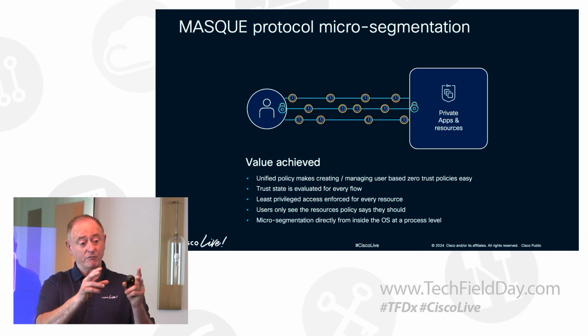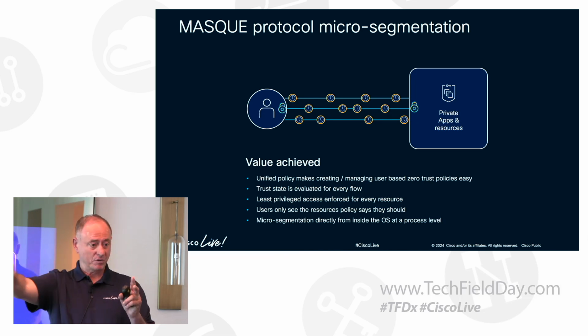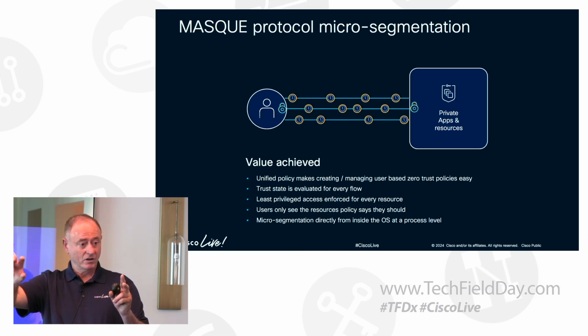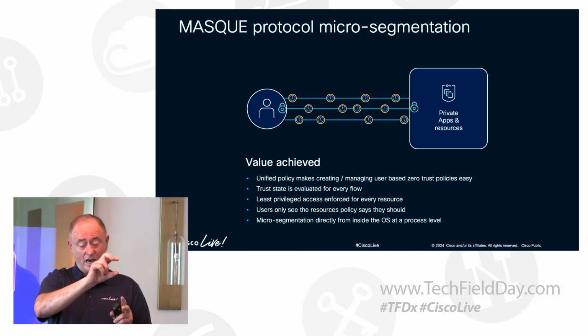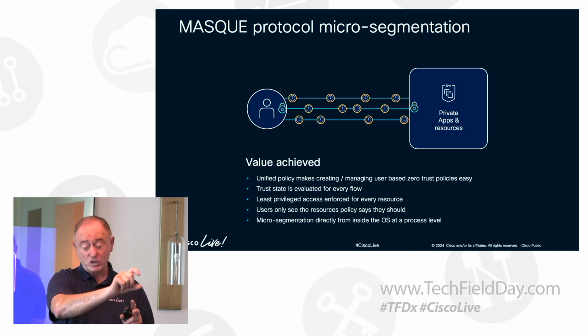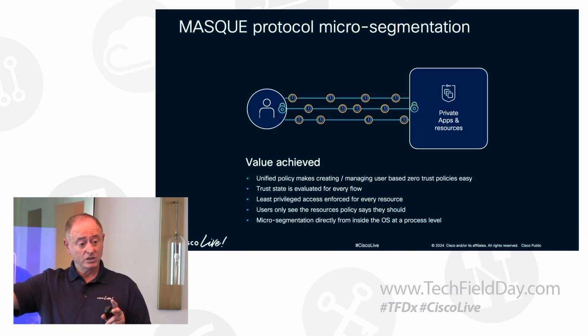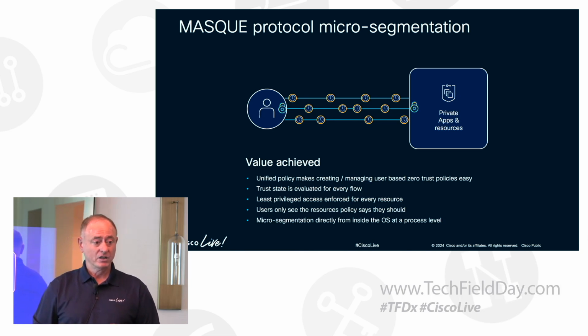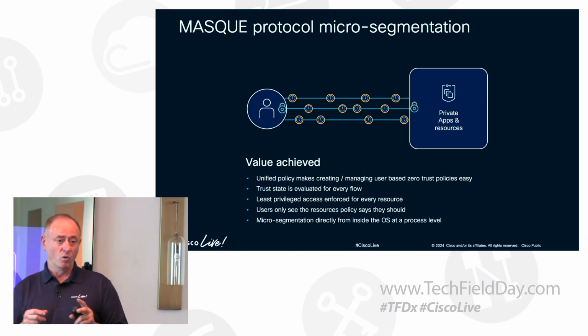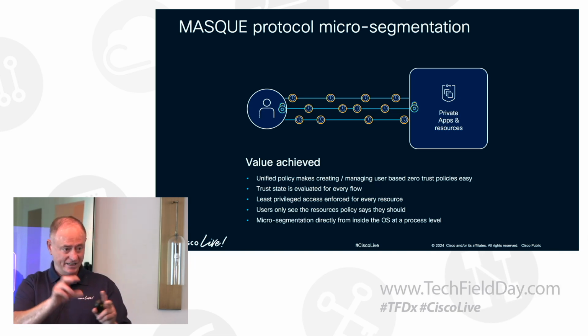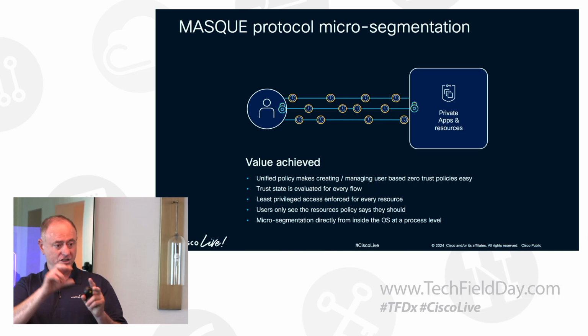If you're running Firefox at the same time, it's a separate MASQUE stream, okay? And you are now able to microsegment all the way from the source application to the destination. So you can have very fine-grained controls around that, right? So if you have a policy and you don't want Firefox to go to your finance server, you can set those policies and you're guaranteed there's no way that data is ever going to be intermingled. They're separate sessions.